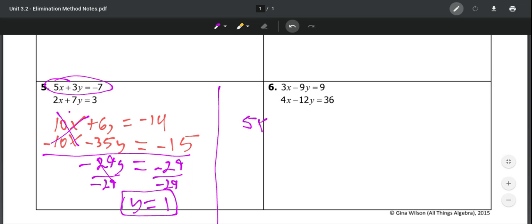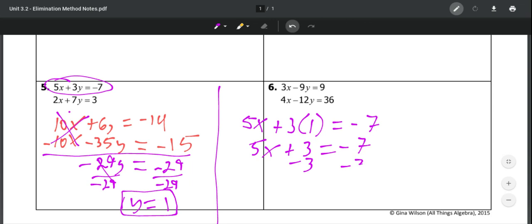So I'm going to do it with the first one. So 5x plus 3y equal to negative 7. Now we said y is 1, so we're going to plug in 1 for y. It's going to give me 5x plus 3 equal to negative 7. We'll subtract 3 from both sides. It's going to give me 5x equal to negative 10.